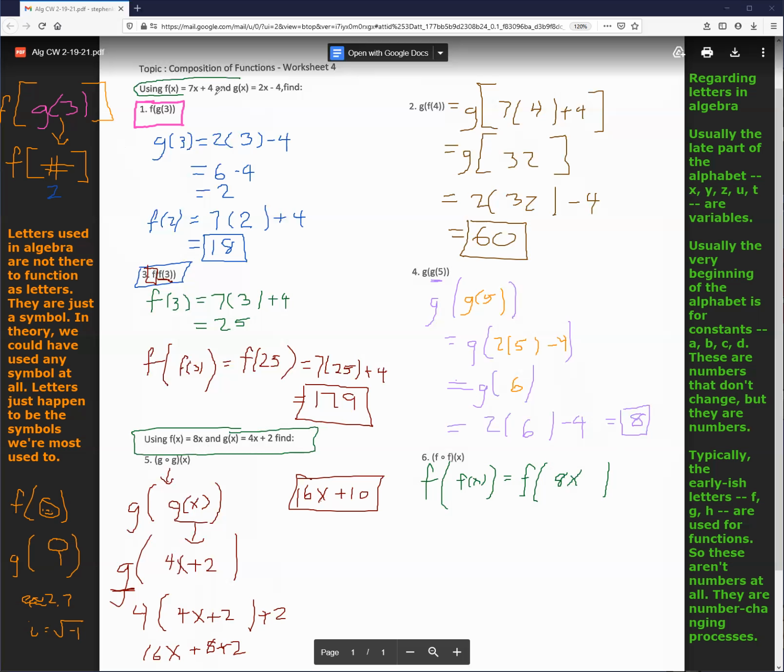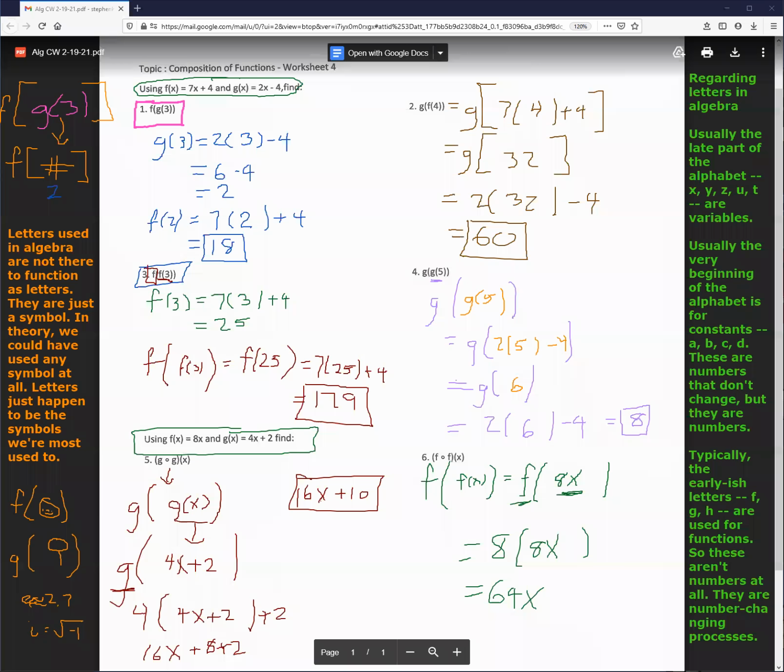We were using a specific f and g for 1 to 4. We're using a different f and g for 5 and 6. I hope I didn't confuse you on number 5 with that. All right, so with this particular f of x, now the outer f of x, we got to go, all right, well, it's 8 stuff, but the stuff is 8x. So that means it is equal to 64x.